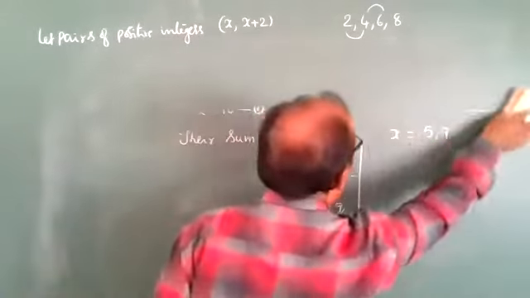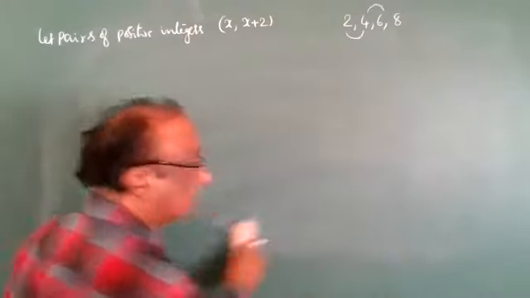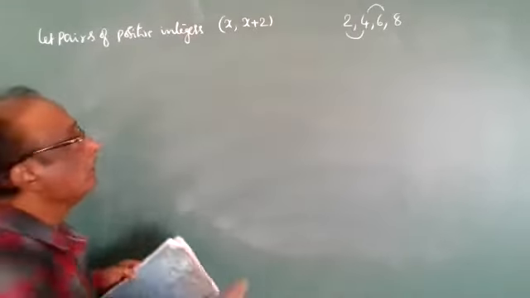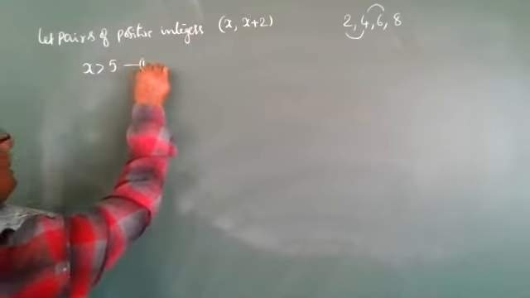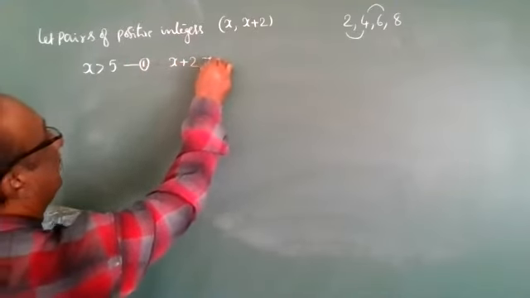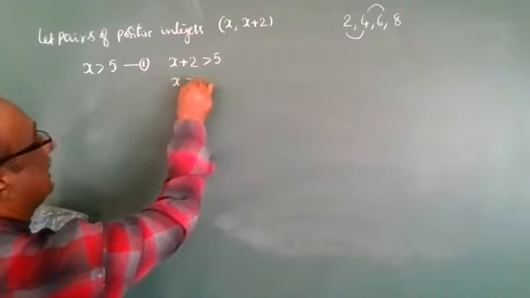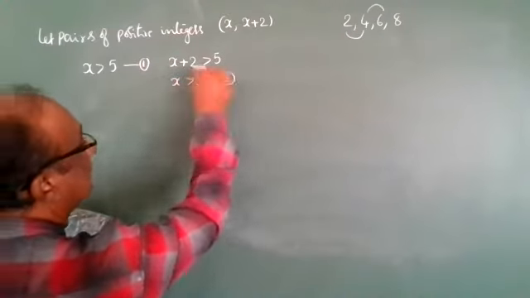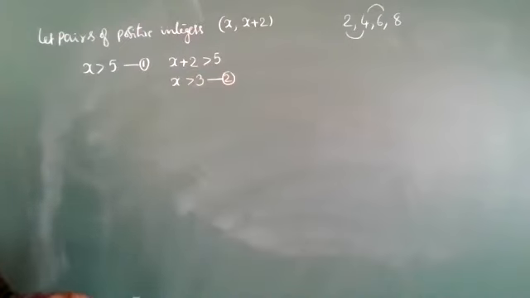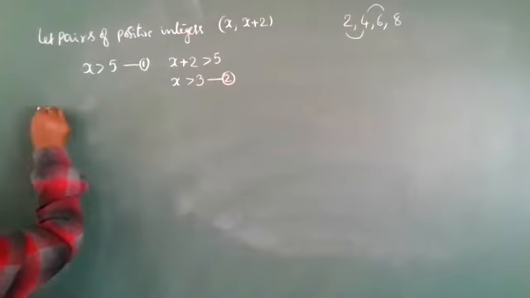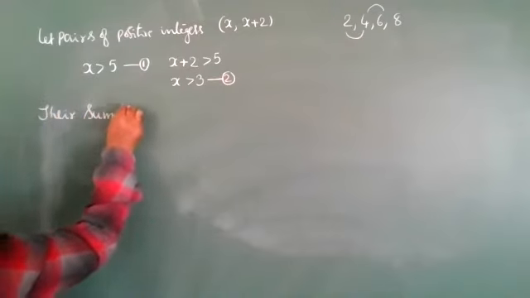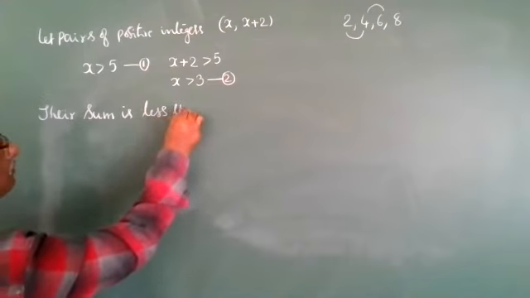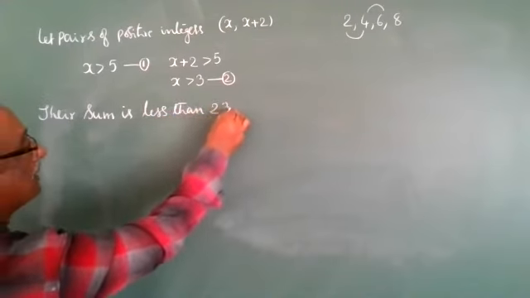Both are greater than 5. So x is greater than 5, first equation, and x plus 2 also greater than 5, that is x is greater than 3. Second equation: their sum is less than 23.